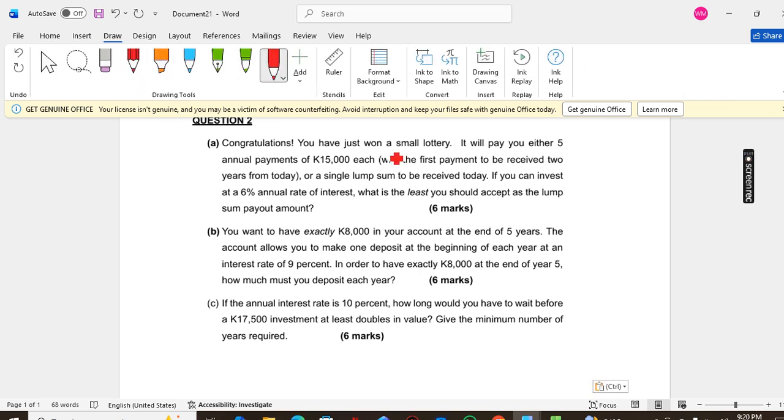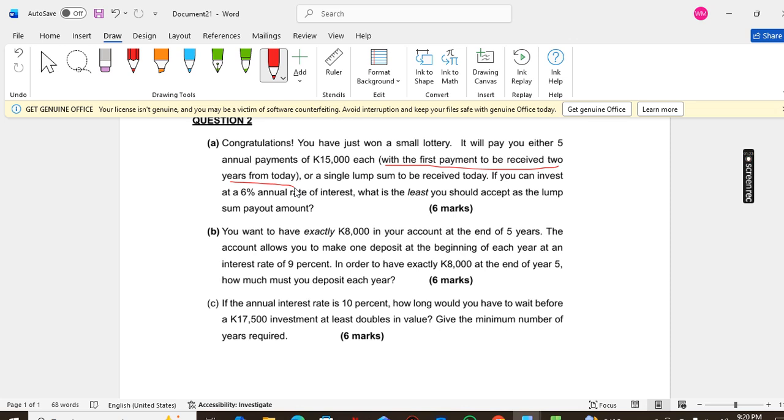point in this question, because this is telling us we're dealing with a deferred annuity. Okay, remember, an annuity is the same payment over the same period of time. Like for example, your salary can be an annuity. You're paid every month the same amount.